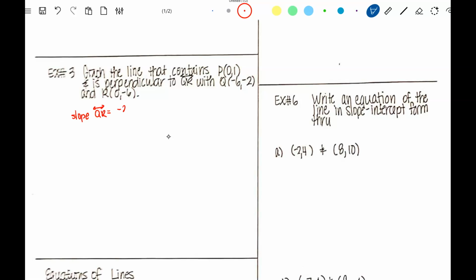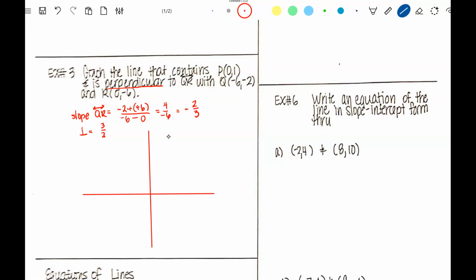So y minus y over x minus x. So that is 4 over -6, which is -2/3. So the slope of line QR is -2/3, but they want me to graph the line that's perpendicular to it. For perpendicular, I'm going to flip the fraction and change the sign. So my perpendicular line is going to have a slope of +3/2.